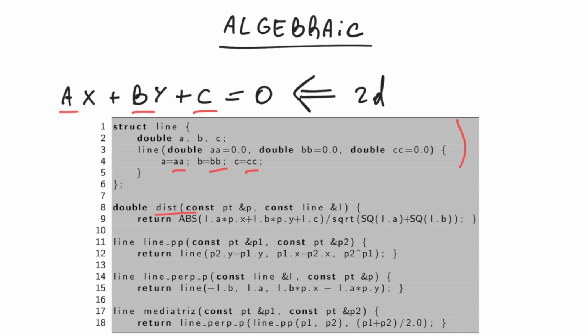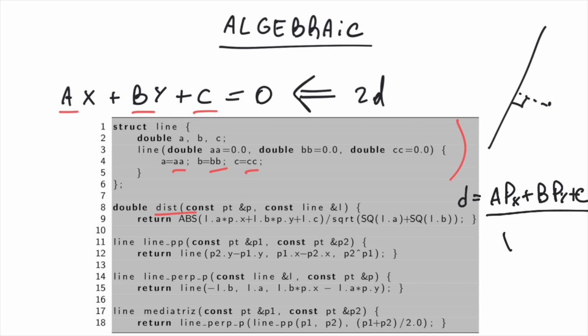The distance from the point to a line is defined so that you go from the point to the line perpendicularly to the line, and it's not hard to see that this distance d is simply a times px plus b times py plus c over the square root of a squared plus b squared, where px and py are the x and y components of the point P here, and this line is described by the equation that we wrote before.